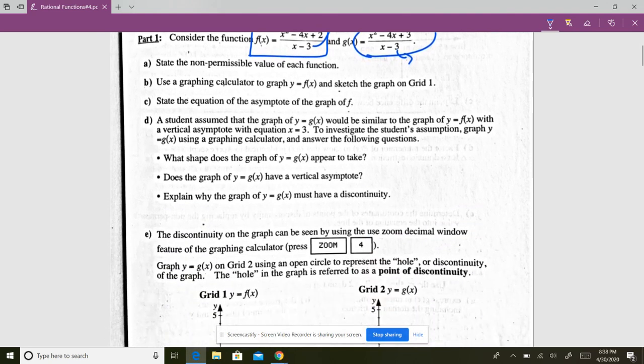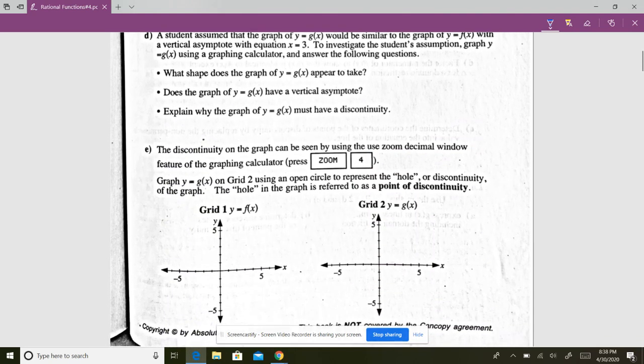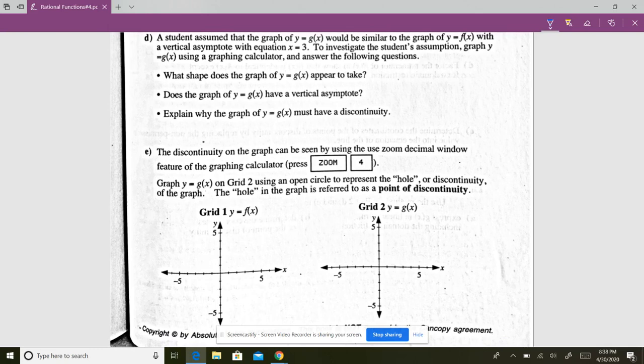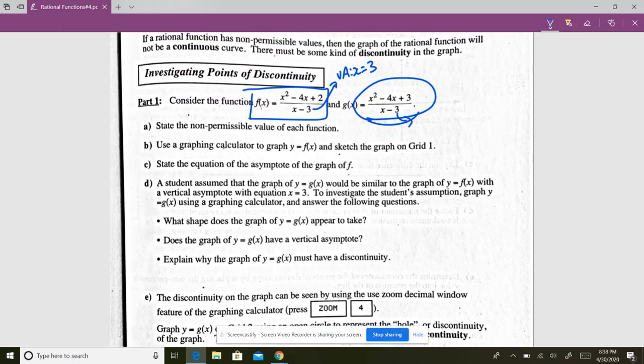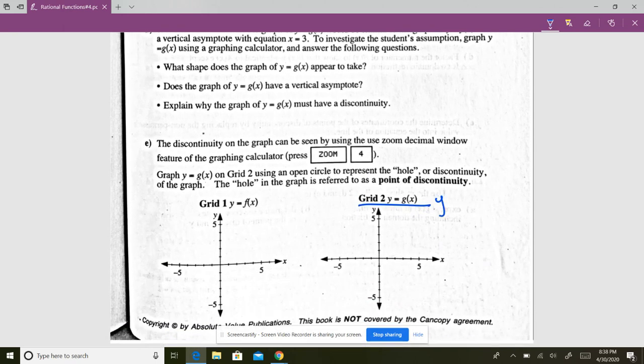So at the bottom here, if I graphed this, which is this function, I'll write it down here: y is equal to x squared minus 4x plus 3 over x minus 3. Why does it look like this?